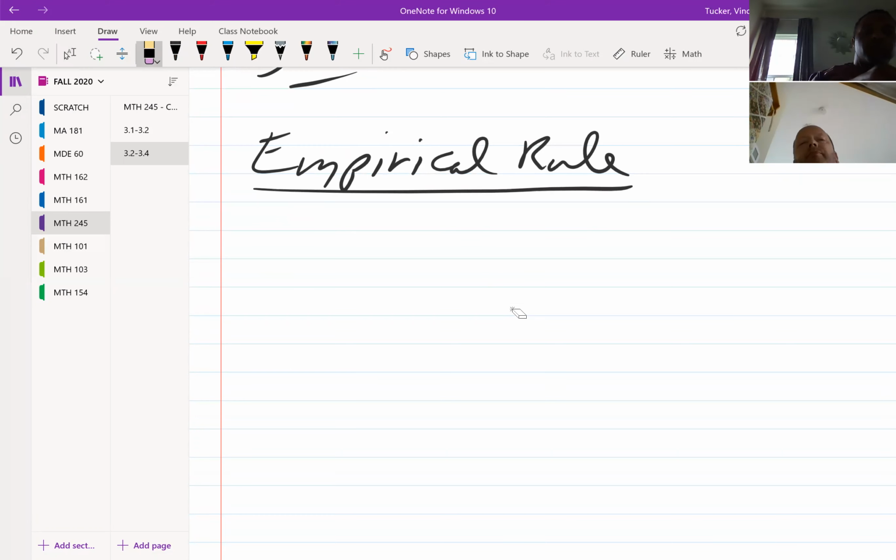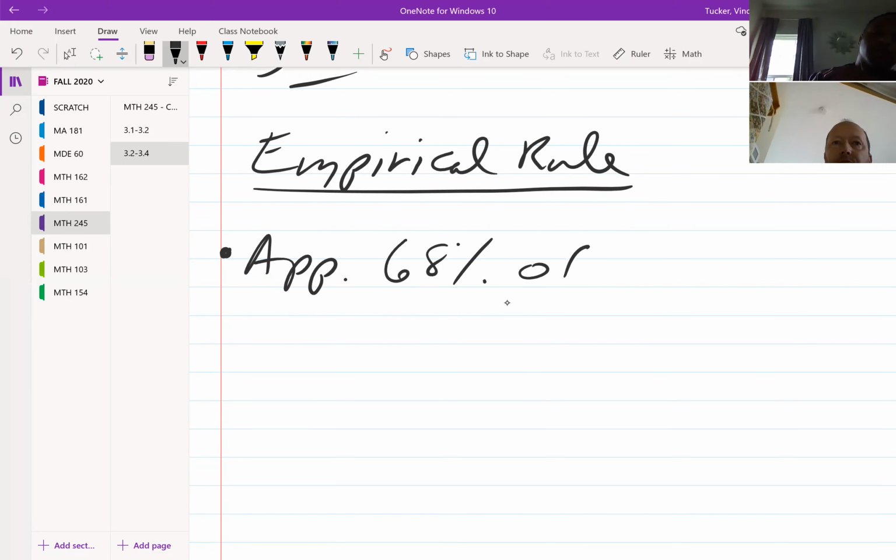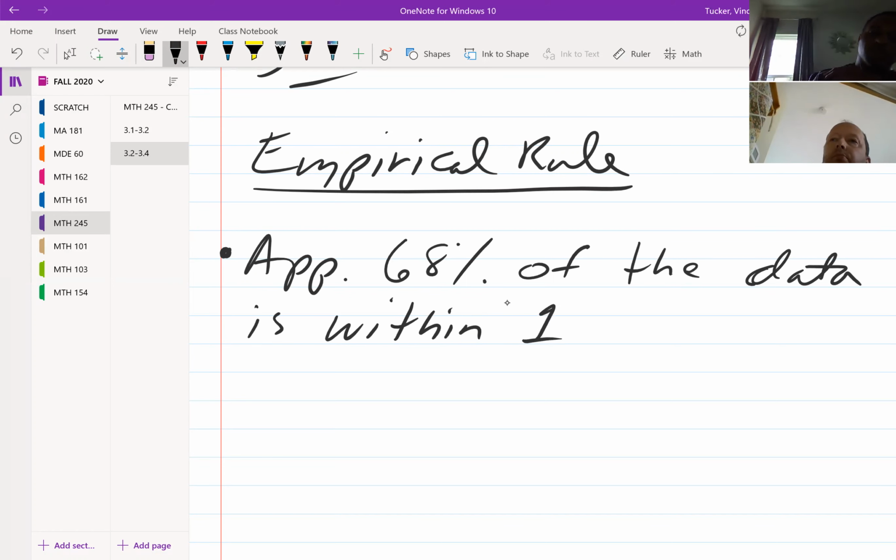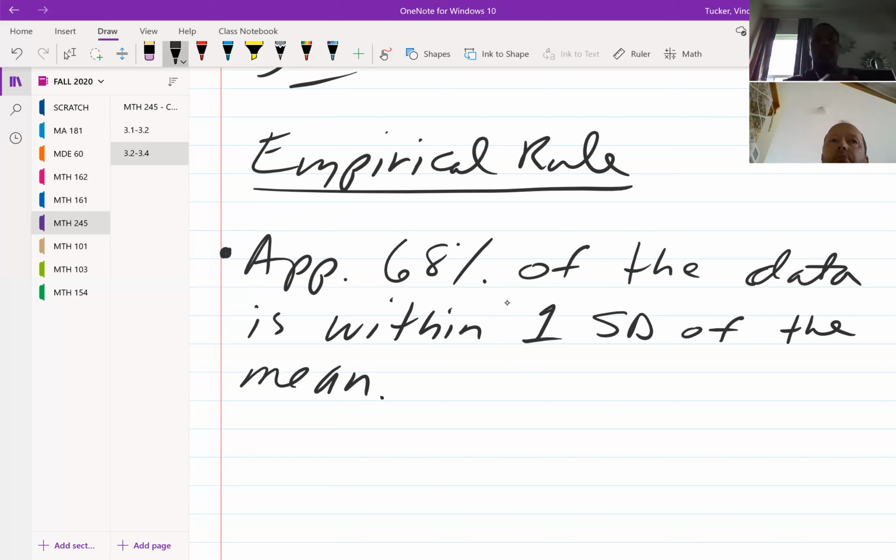Before I write that, let me write this. All right, so that says approximately 68% of the data is within one standard deviation, I'll just write SD for short, one standard deviation of the mean.